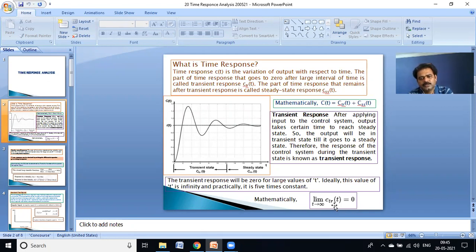Okay, so the transient response dies after a certain time. After a certain time, the transient period dies off. Mathematically, the transient response can be represented in this fashion: limit t tends to infinity, c transient of t is equal to 0.